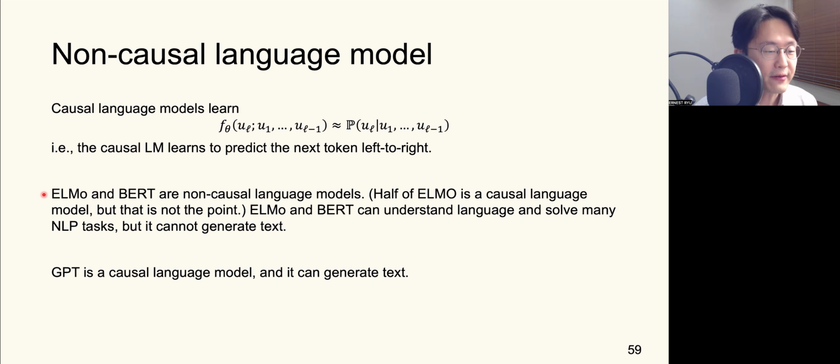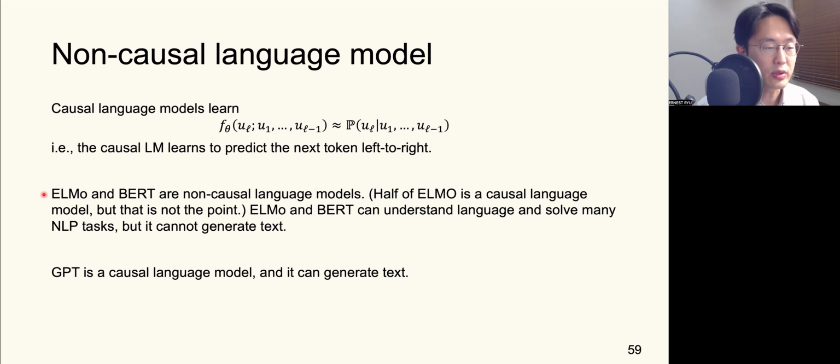Now you can say that half of ELMo is a causal language model, and that's certainly the case, but as a whole, it's not a causal language model. The reason this distinction between causal and non-causal language models is worth pointing out is that ELMo and BERT certainly can understand language. So this language modeling loss, causal or not, is a useful pretext task in the self-supervised learning sense.